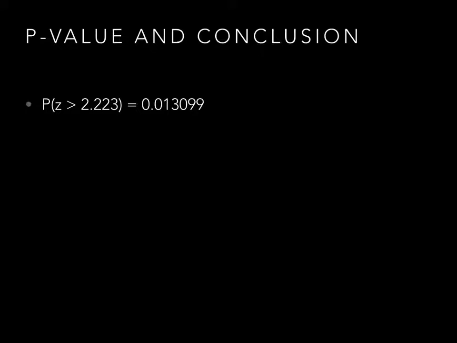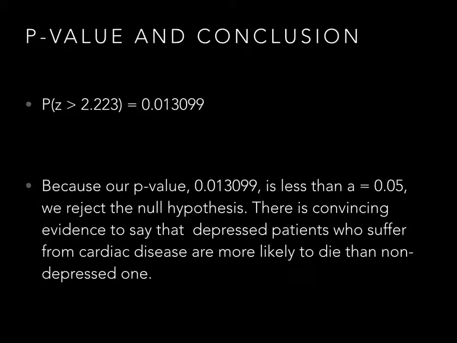And so because our p-value of 0.013 is less than alpha 0.05, we reject the null hypothesis. There's convincing evidence to say that depressed patients who suffer from cardiac disease are more likely to die than non-depressed ones.